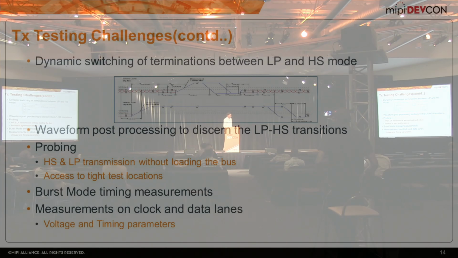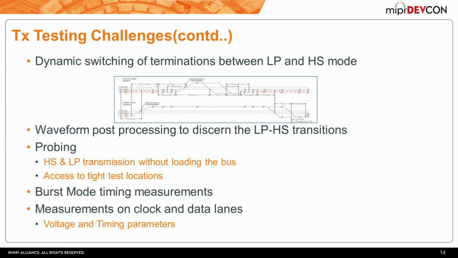All right. So getting into the transmitter test challenges, we already noted that HS and LP have different terminations. So when you're testing your transmitter, the test equipment needs to have the capability to switch the termination dynamically.